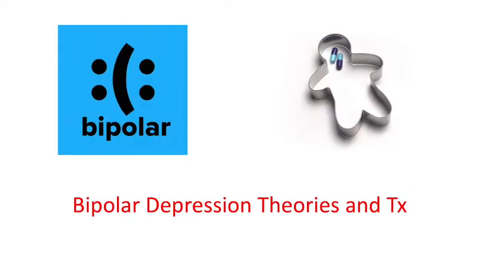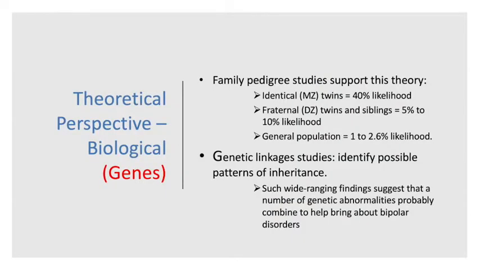Let's talk more now about bipolar disorder. So etiological models or theories of the development of bipolar disorder, as well as treatments for bipolar disorder. So bipolar disorder, unlike unipolar depression, is very much a biologically dominant kind of disorder. So the biological and the chemical models in bipolar disorder are the ones that are dominant.